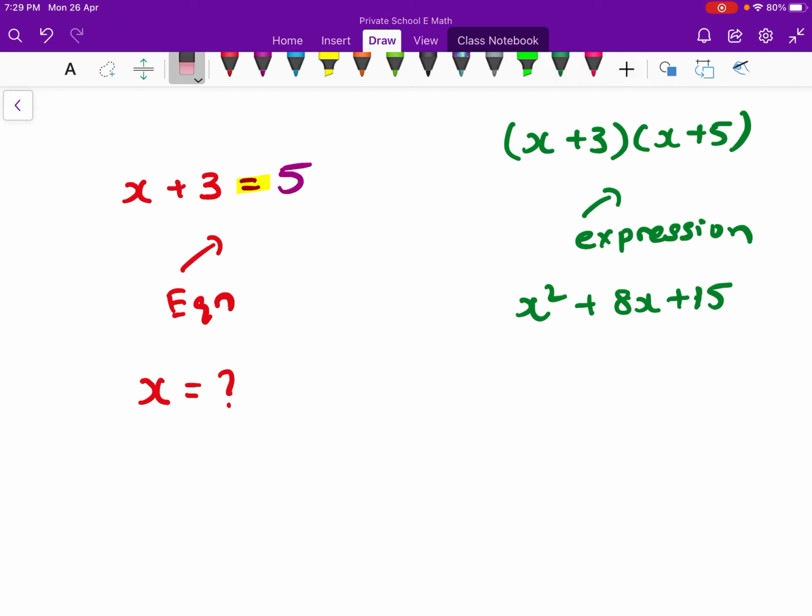So for an equation, if you take a look at this one, I want to find the value of x. What should I do? First of all, we have a left hand side and a right hand side. You move all your alphabets to the left hand side and all your numbers to the right hand side.